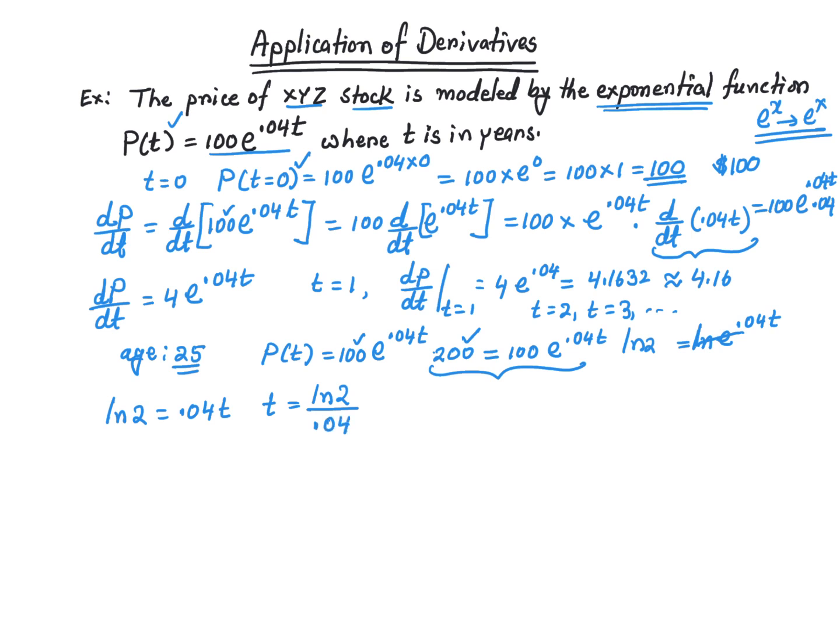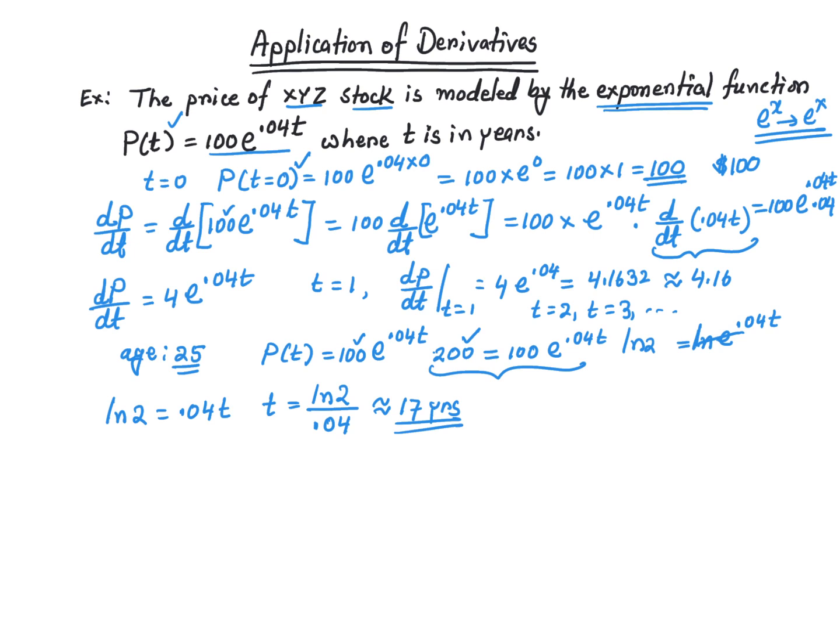If I do the calculation, it comes out to be roughly 17.32. So this is approximately 17 years. In about 17 years, you're going to double your money.